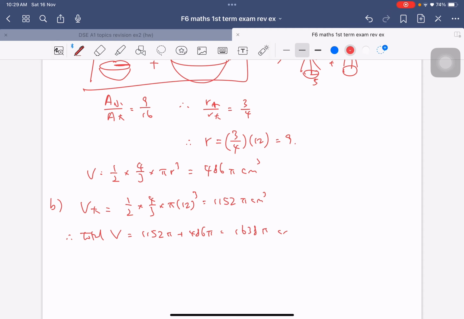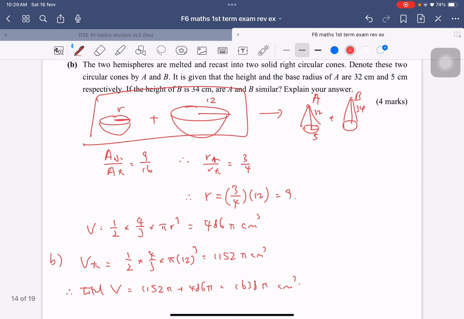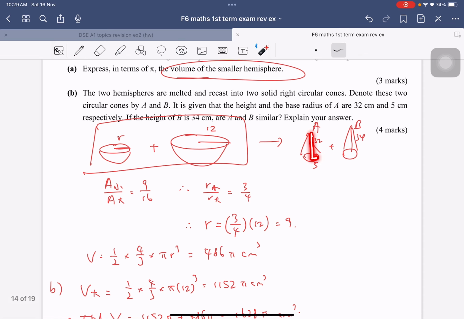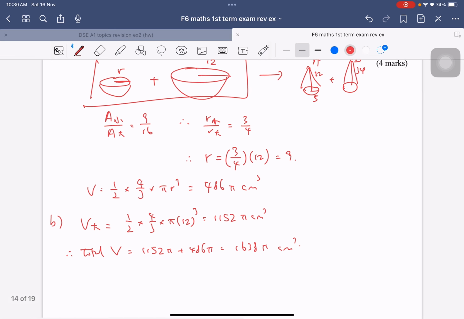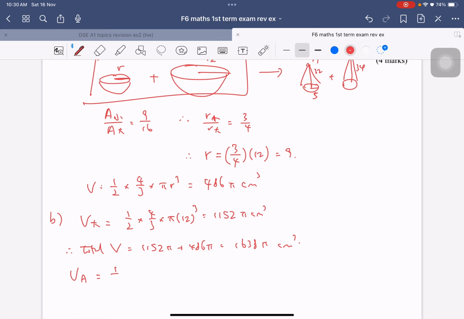1638 pi cm cubed. Now because we have the height and the radius, we can use the formula of the cone to find the volume of A. The volume of A is equal to 1/3 pi r squared h, so that's 1/3 pi times the radius, 5 squared, times the height, 32, giving you 32 times 5 squared divided by 3, which is 266 and 2/3 pi.